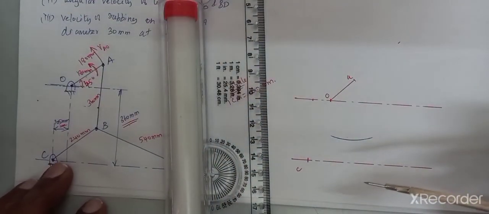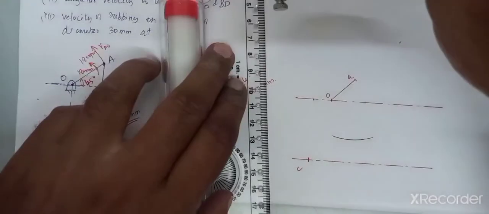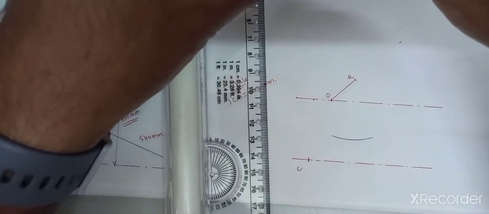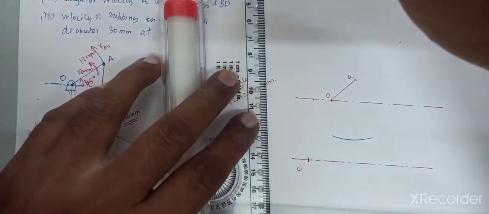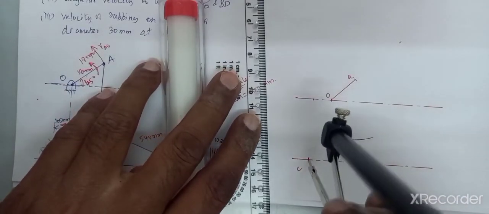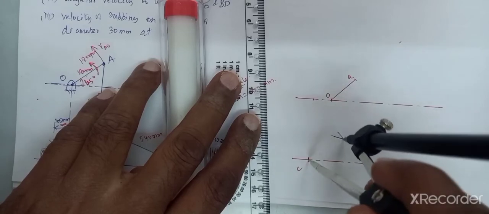Then for CB, it is 2.4 centimeter. This is 2 and this is 2.4. So from this point I need to draw an arc like this.